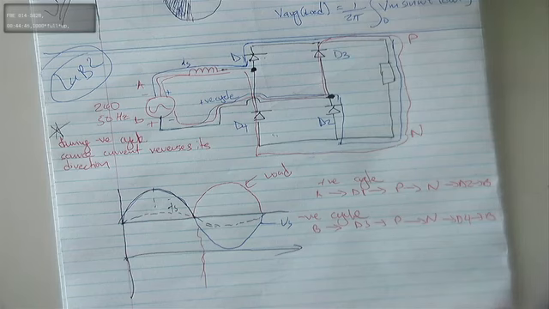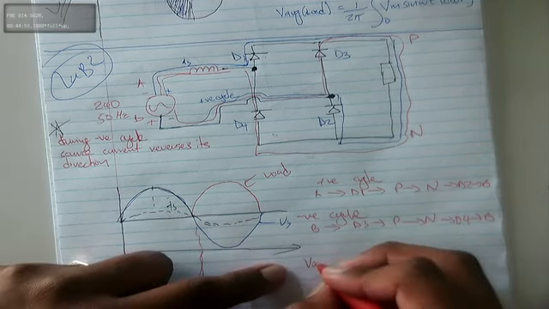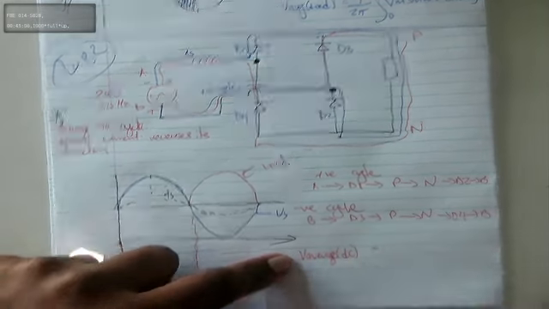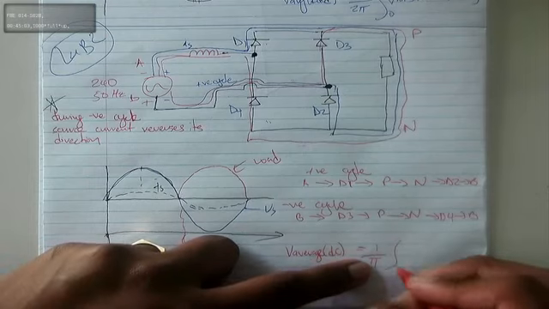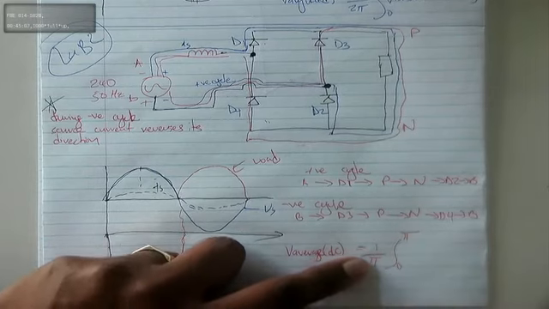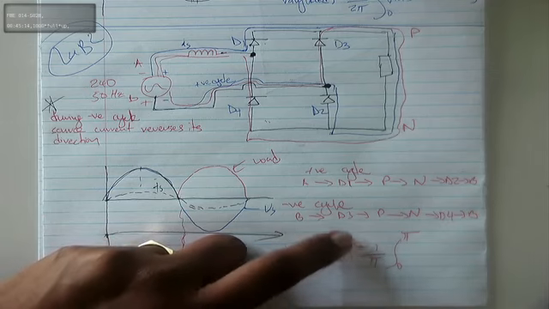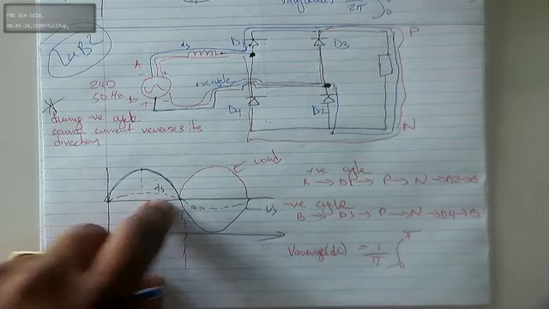One more thing to note down is the V average. V DC is going to be 1 divided by pi, integral from 0 to pi. Why from 0 to pi? Because 0 to pi is going to be the same as pi to 2 pi.